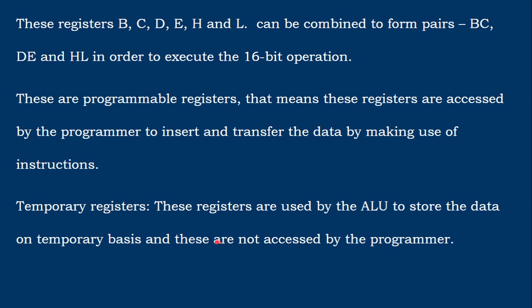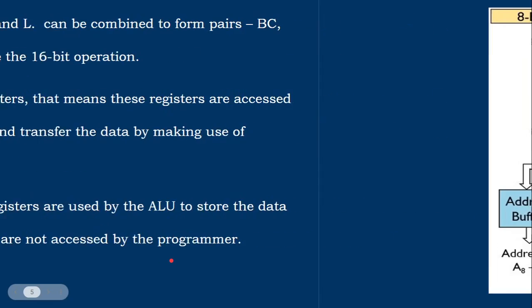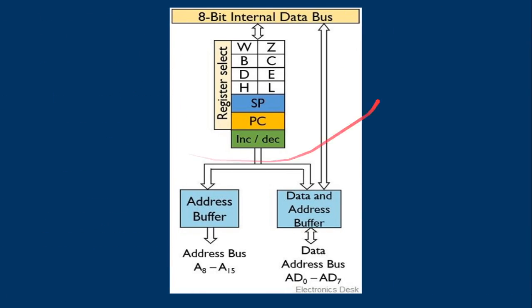The programmer cannot write a program using the temporary registers W or Z. They can use only B, C, D, E, H and L in the program.